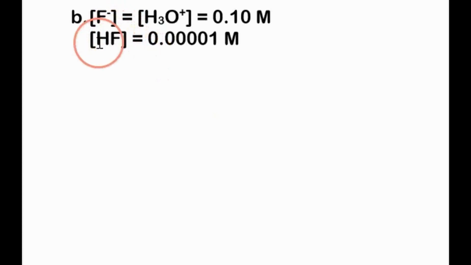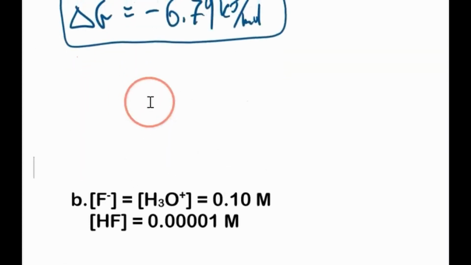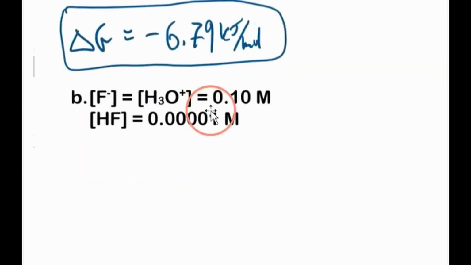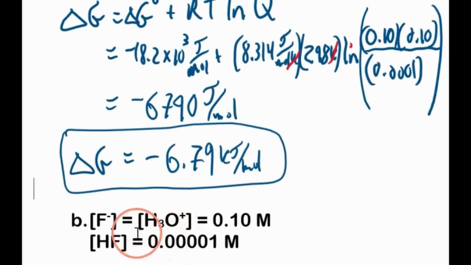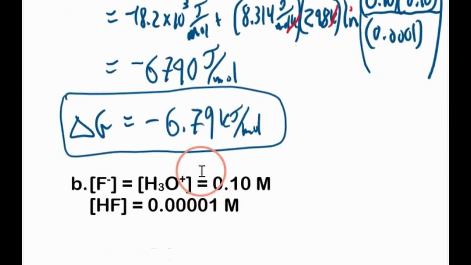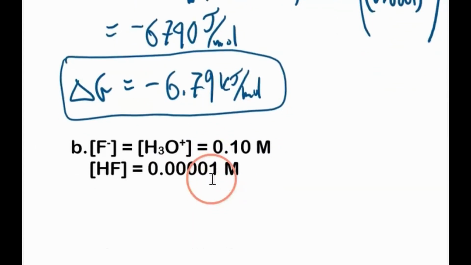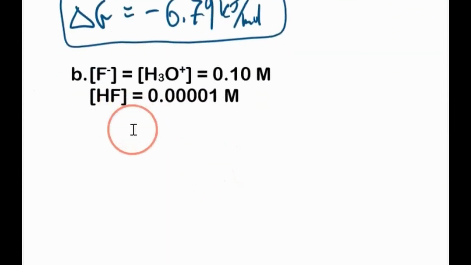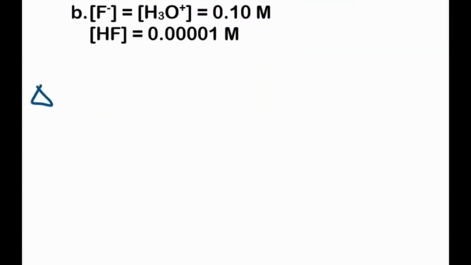All right, moving along, we have another one here. This is the same reaction, but we now have different concentrations. Before you skip to the next one, I think it's instructive to look at this. Rather than talk through everything, we'll just get to the end result.